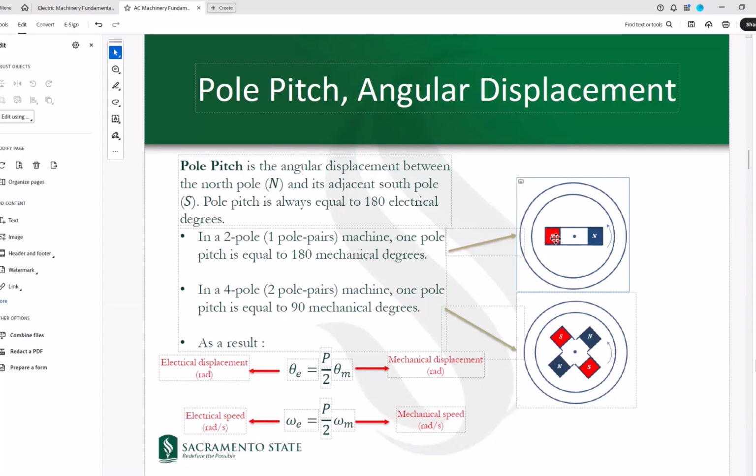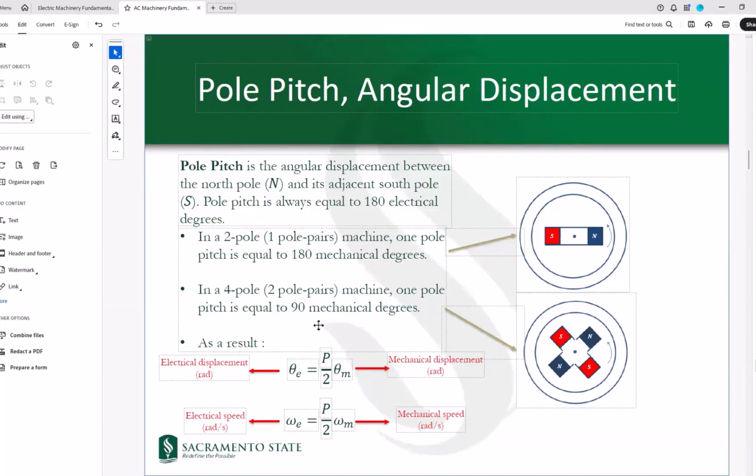Traveling from north to south would be 180 degrees electrical and 180 degrees mechanical, right? Now, in the 4-pole setup, when we want to travel from north to its adjacent South Pole, you see that we go for only 90 degrees mechanical, but that 90 degrees mechanical would be the same as 180 degrees electrical displacement.